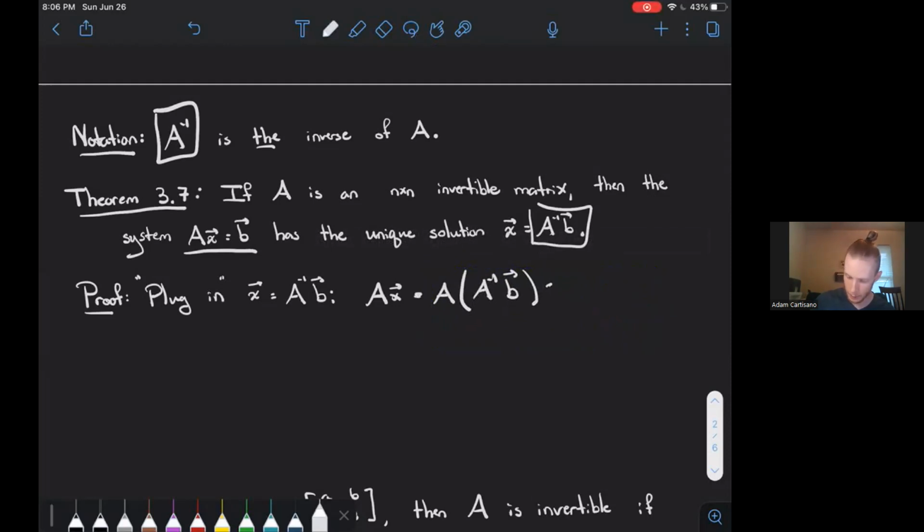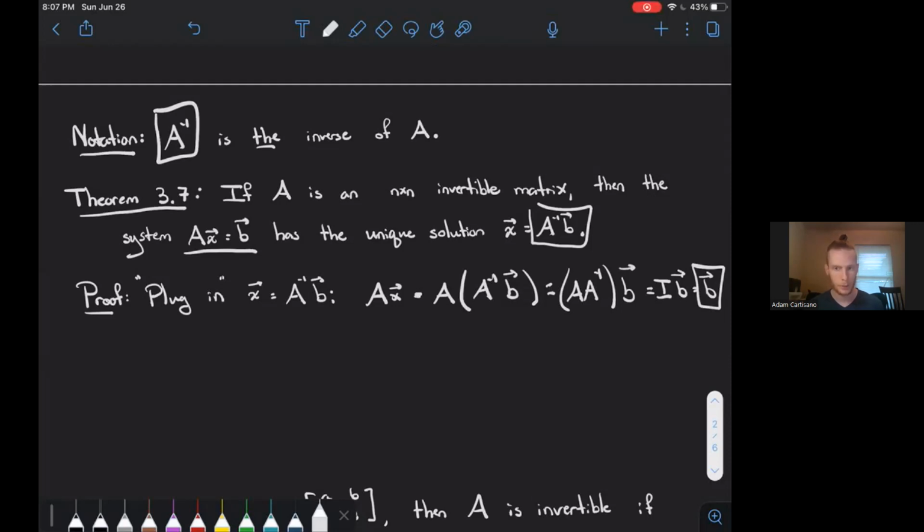Well, it's A times A inverse B, which by associativity is A times A inverse, times B, which is the identity times B, which is B. In other words, when you plug in A inverse times B for X, the output is B.